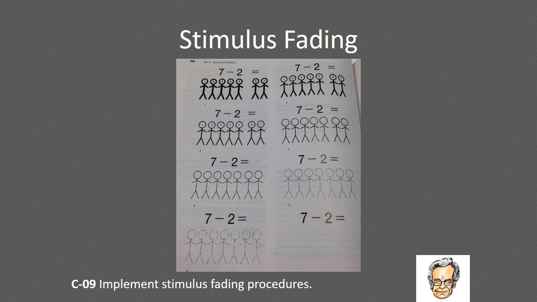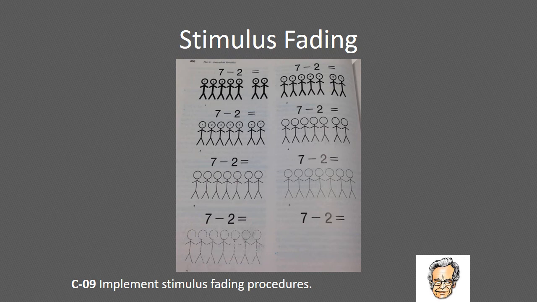Those people are stimuli to help the person look at and count to get the correct answer. And if you notice throughout the page, the stimulus is fading. They're becoming less and less apparent. The stimuli were there to help prompt the person to count to complete the math problems.